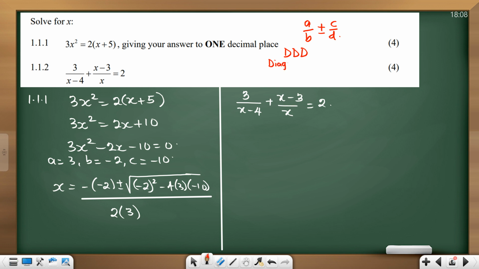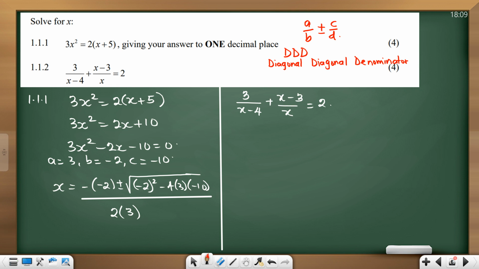I am going to multiply the diagonal from left to right. Then I'm going to multiply the next diagonal. And then I'm going to multiply the denominator. If you understand this, you would never have a problem with dealing with fractions again.